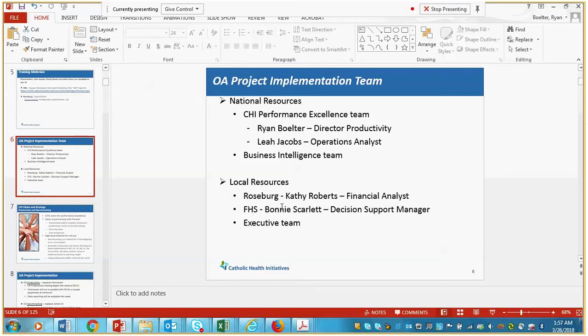So those of you on the Tacoma side, she may be someone you want to reach out to as well. The executive teams from both markets have been educated on this product and this whole project. They're engaged. They've provided input into how we're going to use this tool. So they've been an integral part of getting to this point of rolling it out to you today.